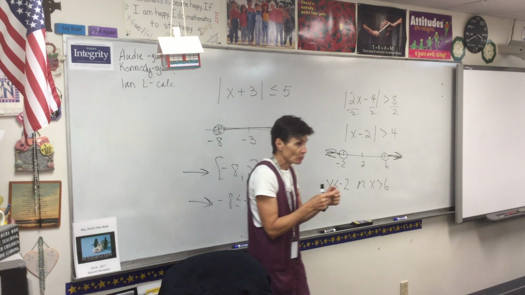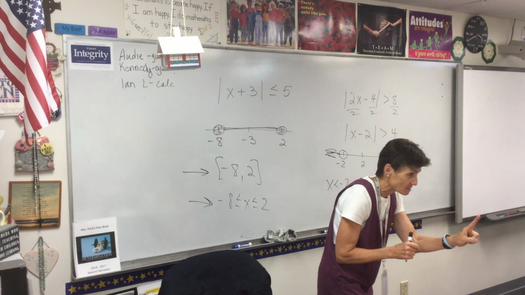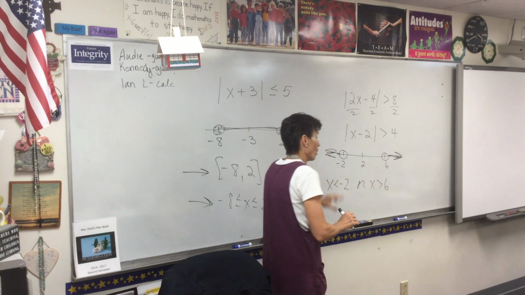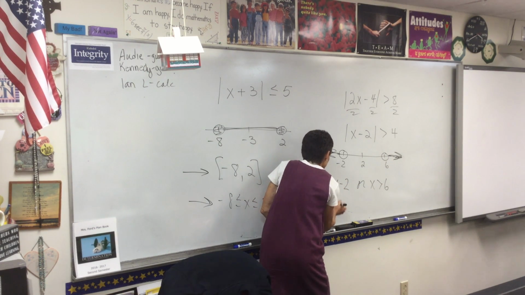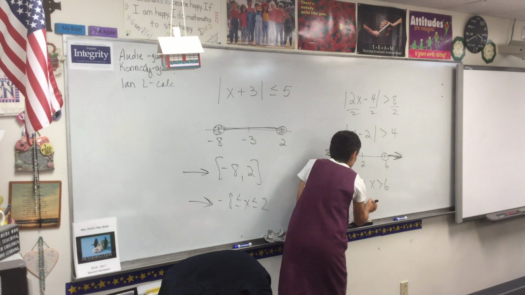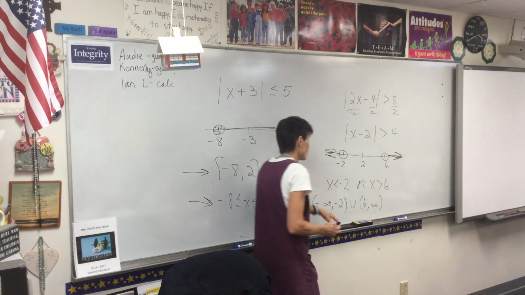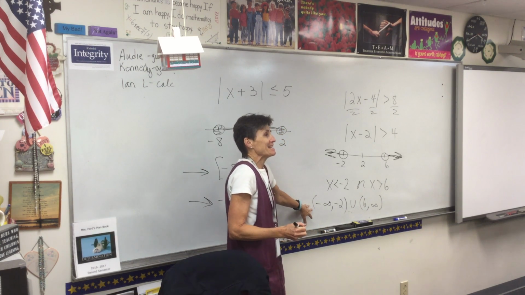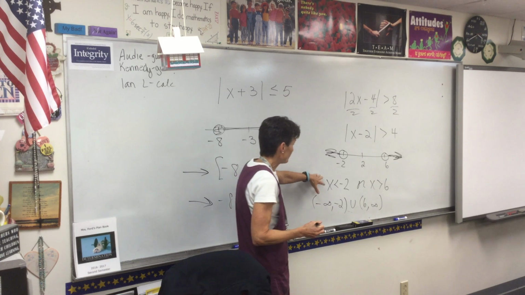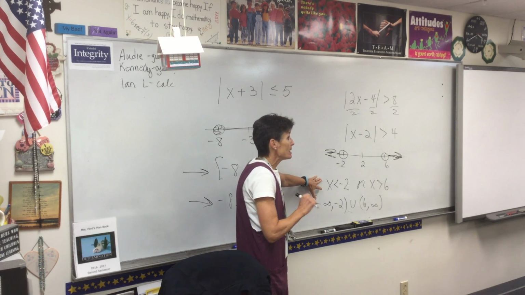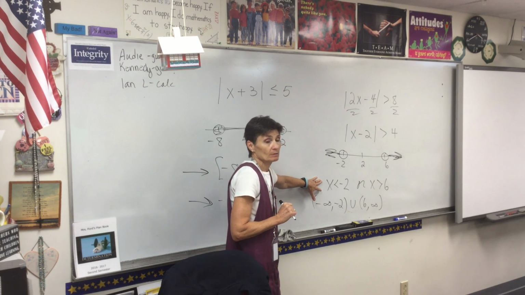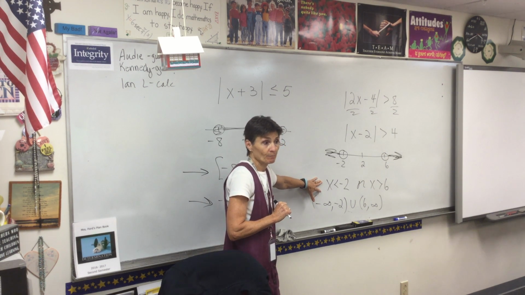If you put them together, you're trying to give me a 1-piece answer for a 2-piece picture. Or you can say negative infinity to negative 2 in union with 6 to positive infinity. So this would be the interval way to do it. This would be the inequality way. If the directions don't say, it doesn't matter to me which way you do it.